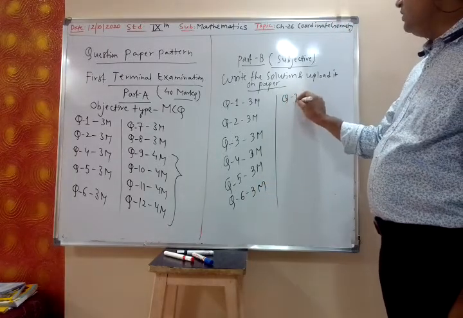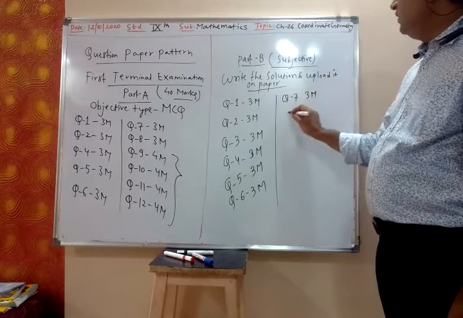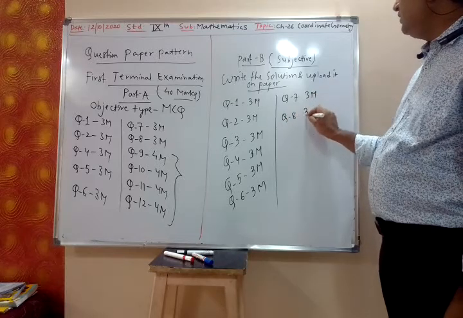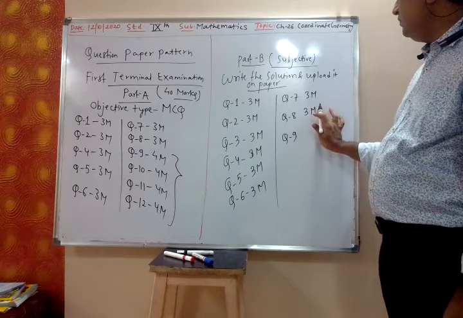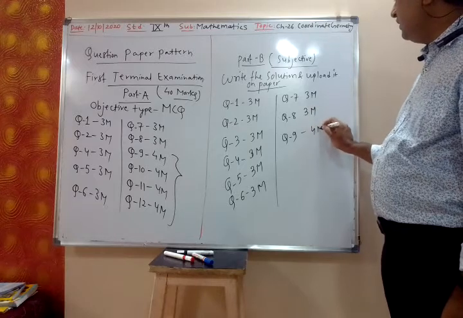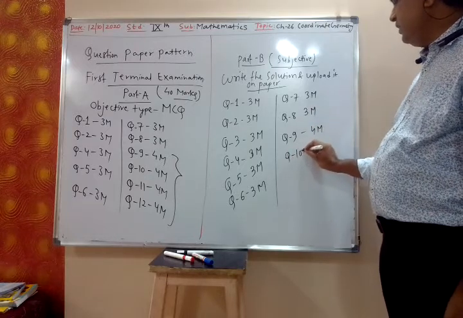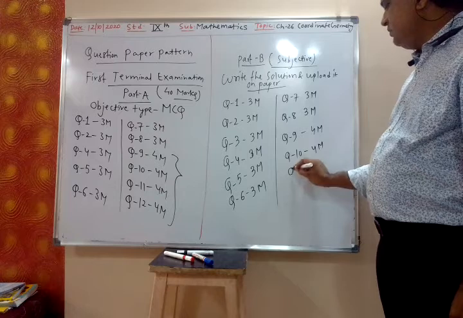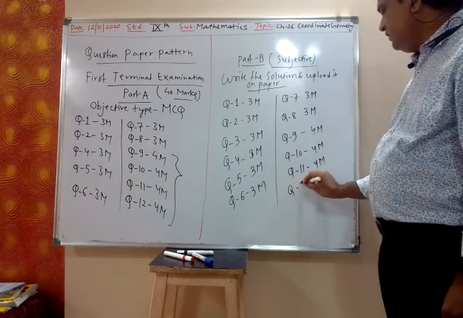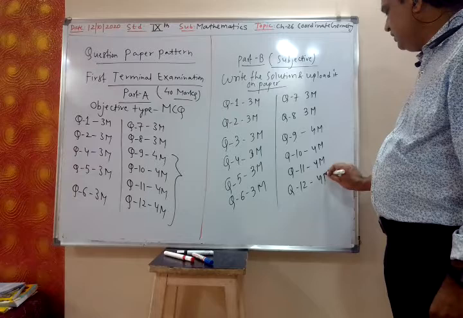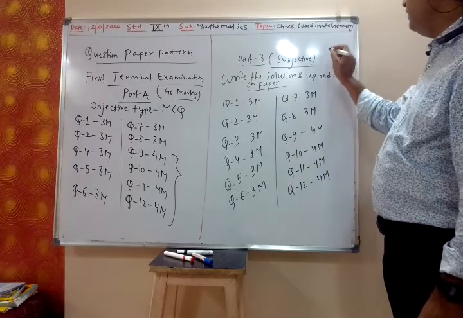No choice. Question number 7, 3 marks. Question number 8, 3 marks. Then question number 9, 4 marks. Question number 10, 4 marks. Question number 11, 4 marks. And question number 12 will be 4 marks. So total it is 24 plus 16 is 40.